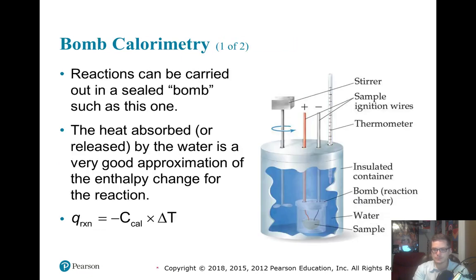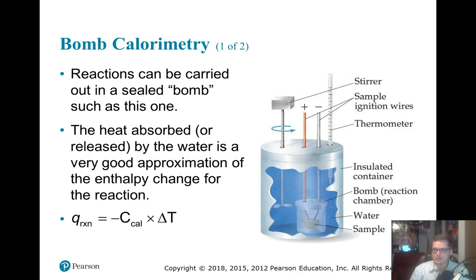All right. Now we also have these other guys called bomb calorimeters, okay? Bomb calorimeters are sealed containers, so they keep the volume constant, all right? So because the volume's constant, the pressure has to go up, and it does some fun things. So essentially what we have is our reaction chamber, or the bomb itself. This is whatever we're blowing up, and you actually use electron probes to give it that ignition, okay?